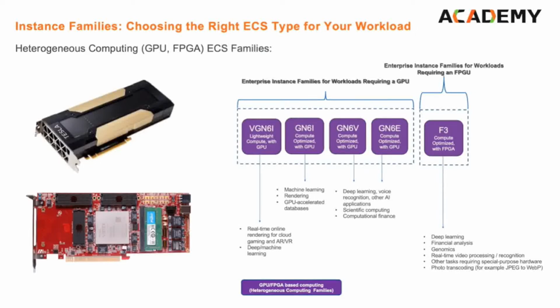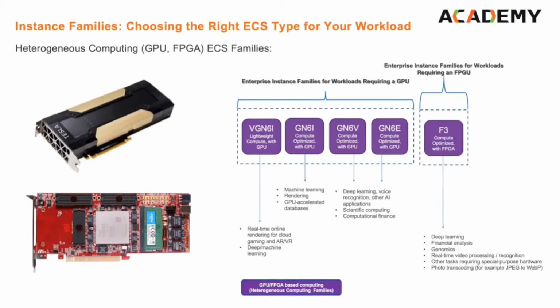These are the enterprise instance families with the GPU, and there is only one type for enterprise instance families for workloads which require an FPGA board. So that includes F3 compute optimized with the FPGA. This is normally used for deep learning, financial analysis, genomics, which includes gene sequencing, real-time video processing or recognition, other tasks requiring special purpose hardware, and then for photo transcoding.